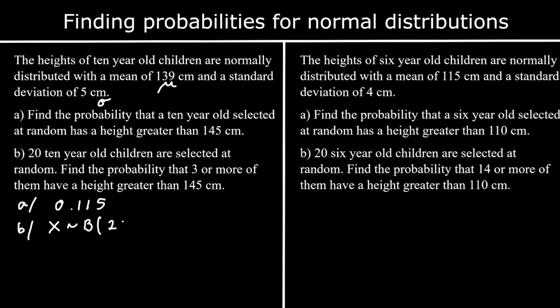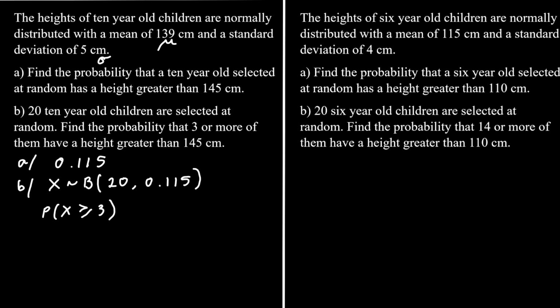There are 20 children and the chance of each one having a height greater than 145 is 0.115. So we can type this into the calculator. We want the probability that X is greater than or equal to 3. When we're using the calculator, it always gives us the probability of less than or equal to. So that's the same as 1 minus the probability that X is less than or equal to 2.